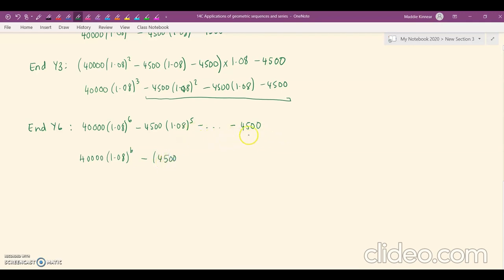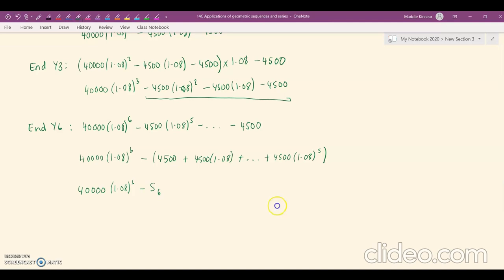If I rewrite these back to front, so I start with the one without a 1.08 on, it would be 4,500 plus 4,500 times 1.08 plus, and we would keep adding these up until I get to 4,500 times 1.08 to the power of 5 when I'm looking at the sum to 6. So we can rewrite this as 40,000 times 1.08 to the power of 6 minus the sum of the first 6 terms of this sequence.